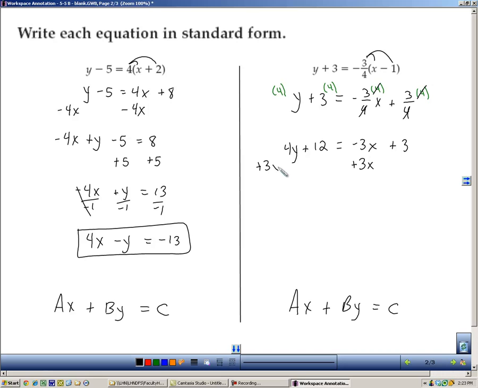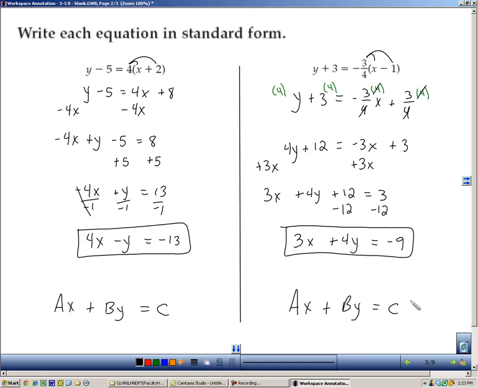There are no other like terms here, so it's just going to be 3x plus 4y plus 12 equals 3. It's pretty close to standard form. The only thing that I need to do is move the 12. So we'll subtract that. So 3x plus 4y equals negative 9. That looks good. It is now in standard form.